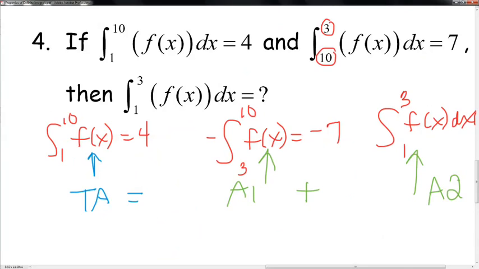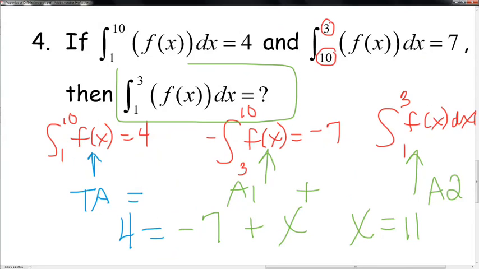So I have 4 is equal to negative 7 plus x. And so what does x have to equal? Hopefully you're getting 11. So the area from 1 to 3 has to equal 11.